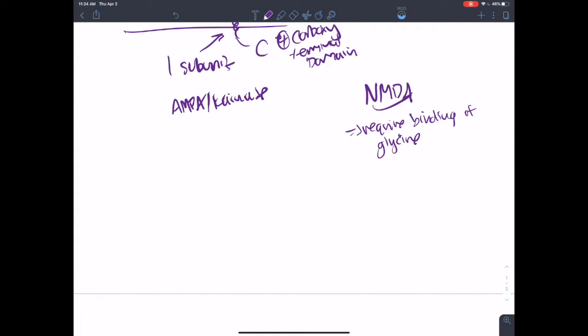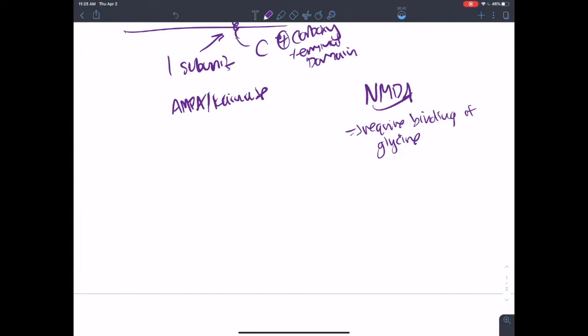And of course, that's an oversimplification. I'm sure there's conditions in which glycine isn't there, but the fact that glycine is necessary isn't as important as it sounds. Glycine is just kind of always around, so it happens to always be bound to these NMDA receptors. That's actually why we say that these are gated by glutamate.